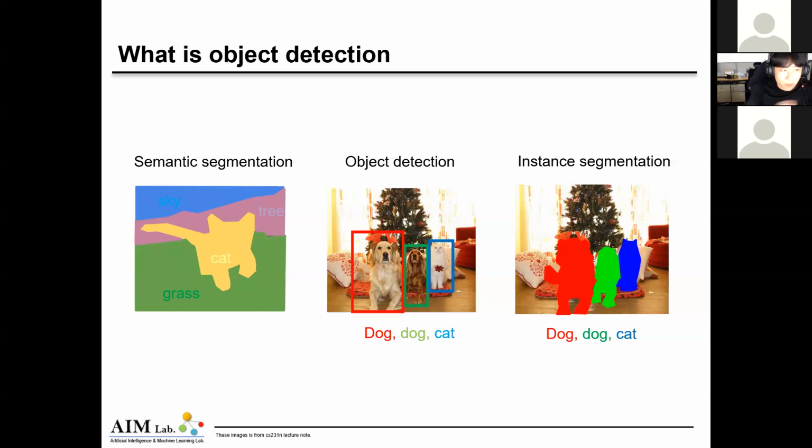If there are several objects of the same class in one image, it has to distinguish between them. For example, in the first image, semantic segmentation only classifies each dog as just dog. It will not separate the two dogs. But instance segmentation has to separate the two dogs because they are different instances. So it is a more complicated problem. But today I will talk about object detection.